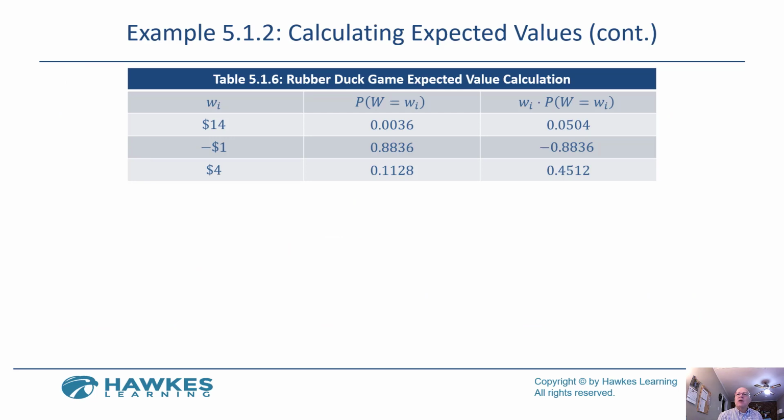So here's our table. This is how you set one up. These are the results. What do you get from playing the game when you win? Well, if you win, you get a large stuffed animal worth $15, but you paid $1 to get in. So you actually gain $14 worth of value.